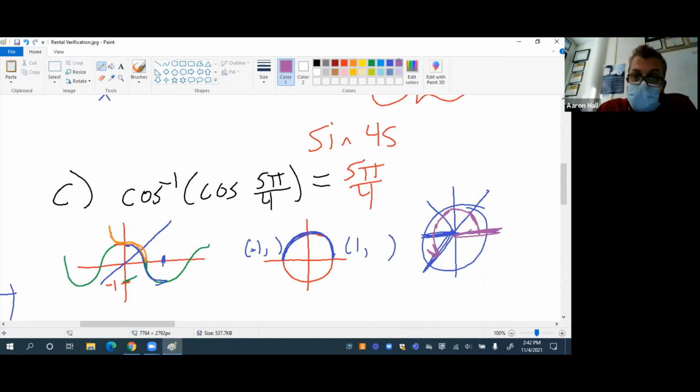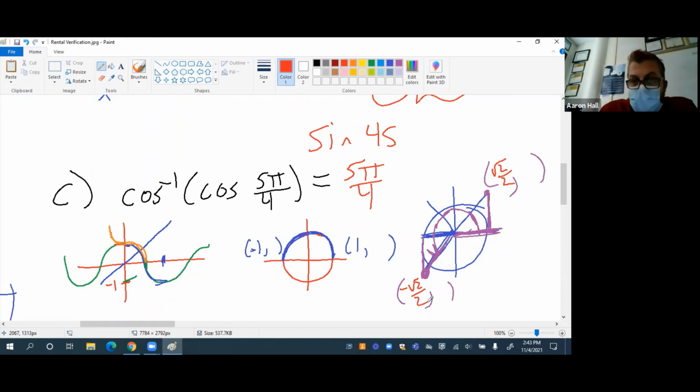If I do 5 pi fourths, what does that give me right here? What is that x value? Well, it's the same as the x value over here, except it's negative. What is the x value here? Yeah, that's the square root of 2 over 2, which means this over here is negative the square root of 2 over 2. Good.